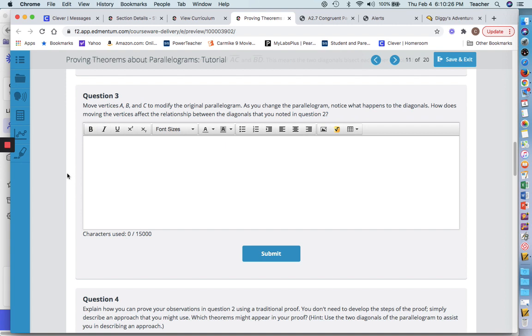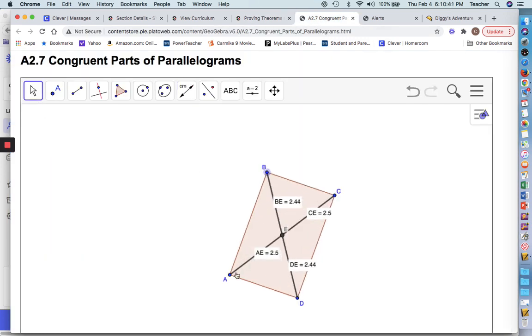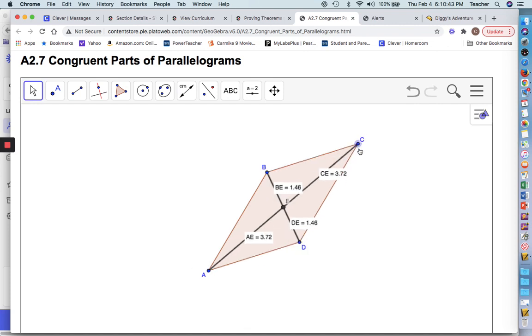Awesome. So question 3. Move vertices A, B, and C to modify the original parallelogram. As you change the parallelogram, notice what happens to the diagonals. I'll tell you right now, they're going to remain the same. But I'll move them. Show you. So come over here and click move. And I'll move B, and I'll move A, and I'll move C. And they still remain equal to each other. 3.72 and 1.46.